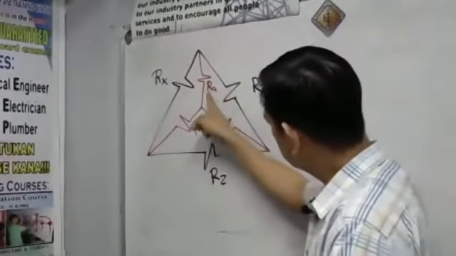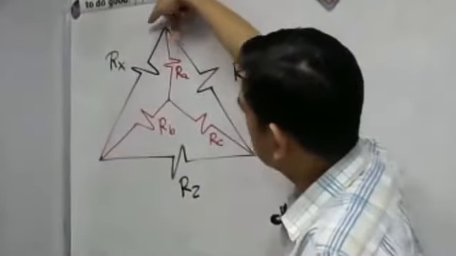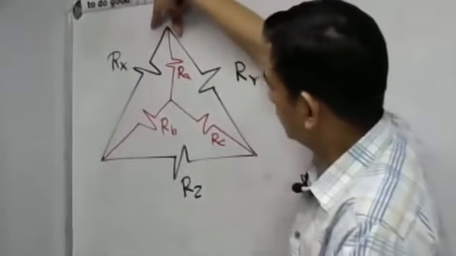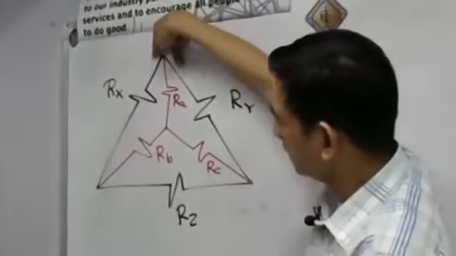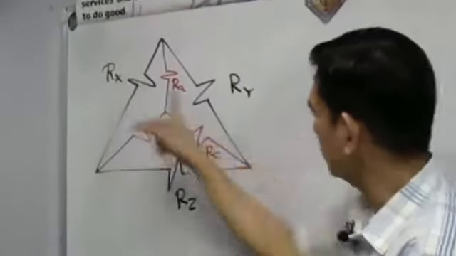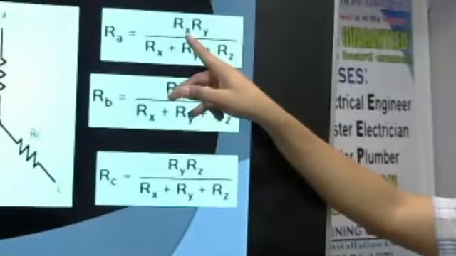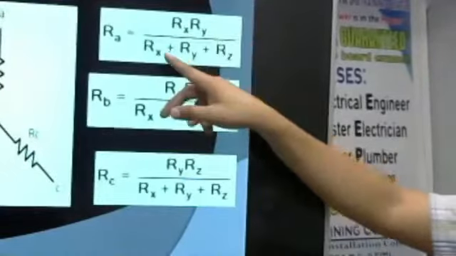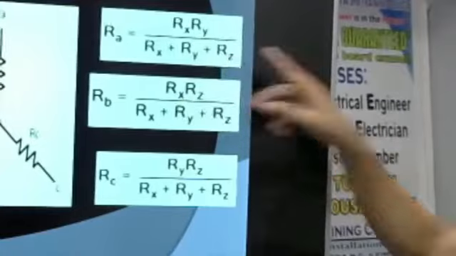Take a look here. Our Ra is equal to Rx. Take a look at these two. So that's equal to Rx times Ry, then divided by the sum of X, Y, and Z. So Ra is equal to Rx times Ry all over the sum of the three resistors, Rx plus Ry plus Rz.